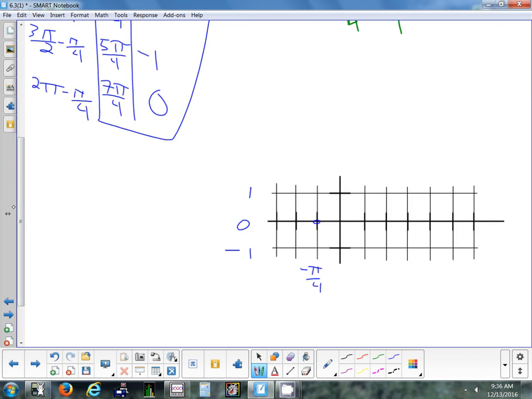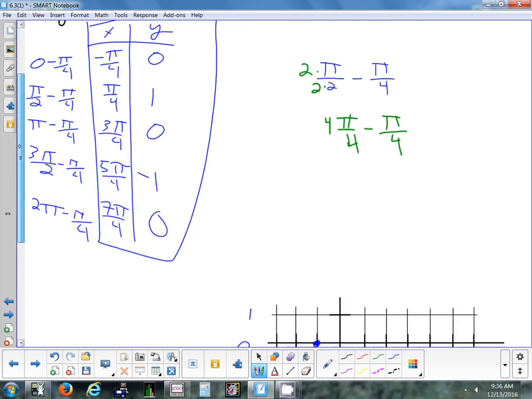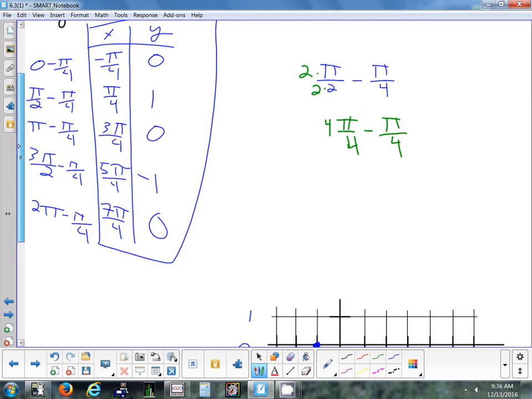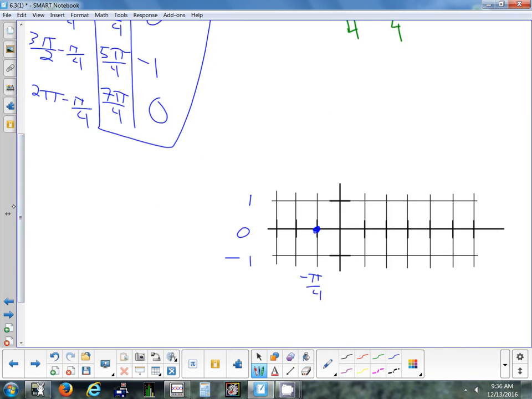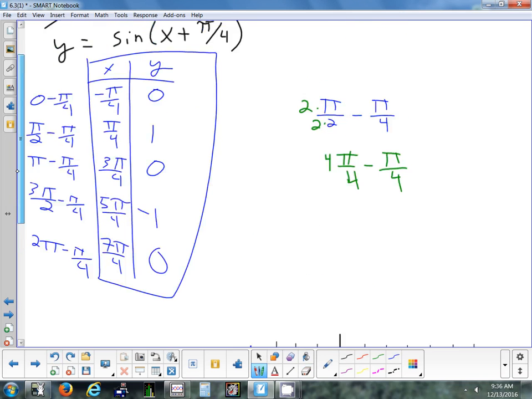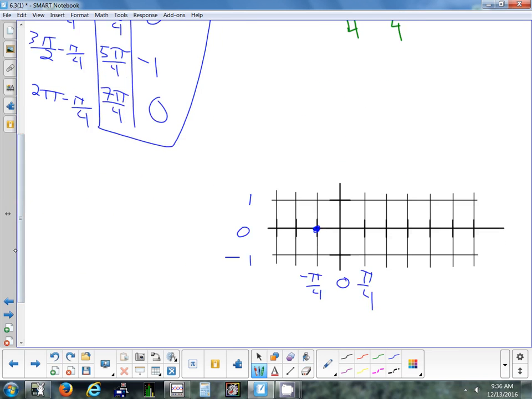So negative pi over 4, we've got 0. Is my next x value on 0 in that table? No, it skips over 0. So your next x value is not going here. Okay, that's 0. Okay? The next x value is going there, pi over 4. Okay? And pi over 4 is at 1.